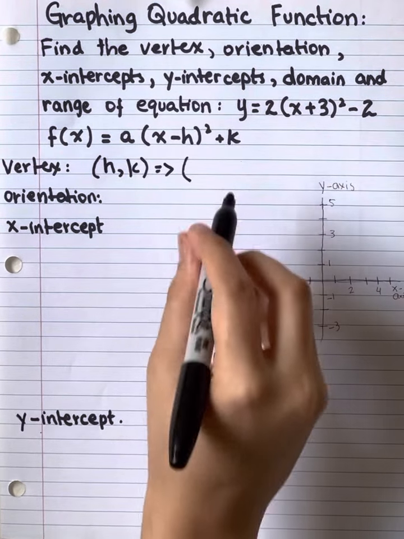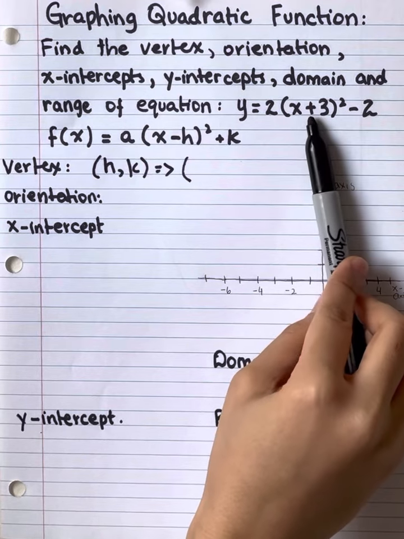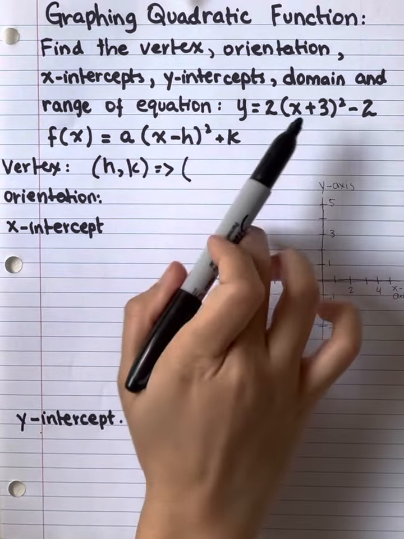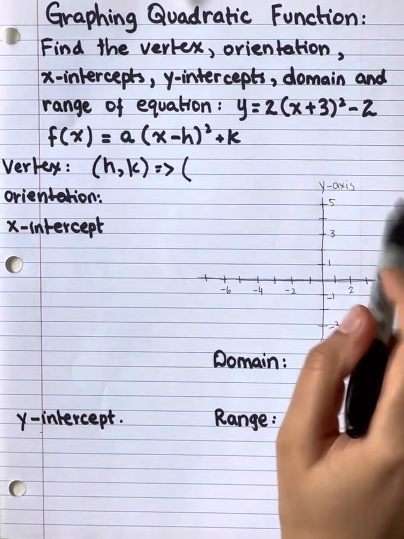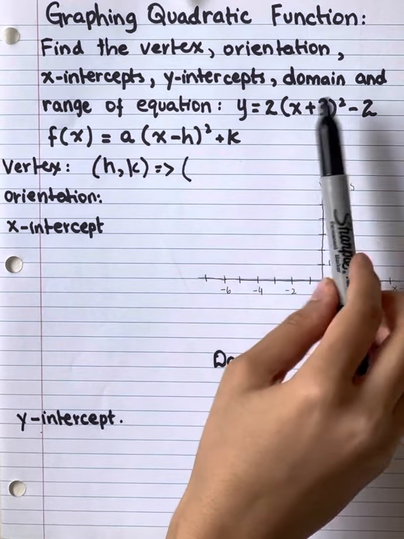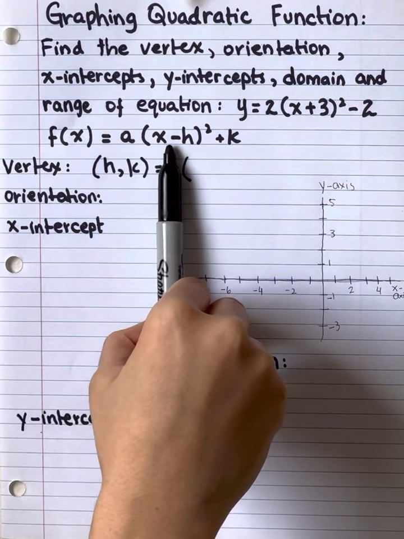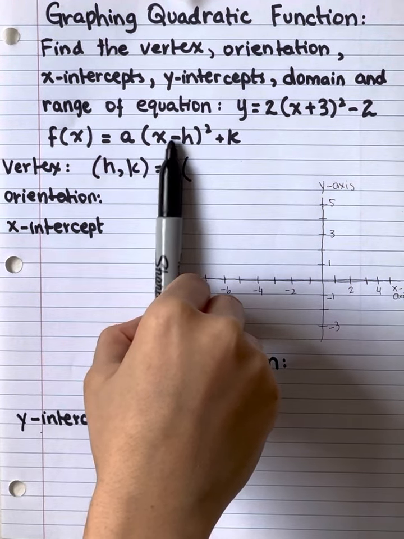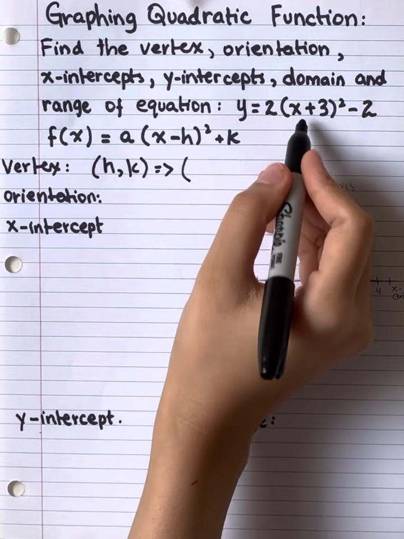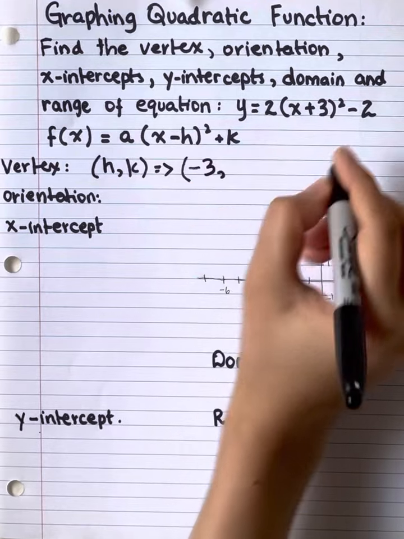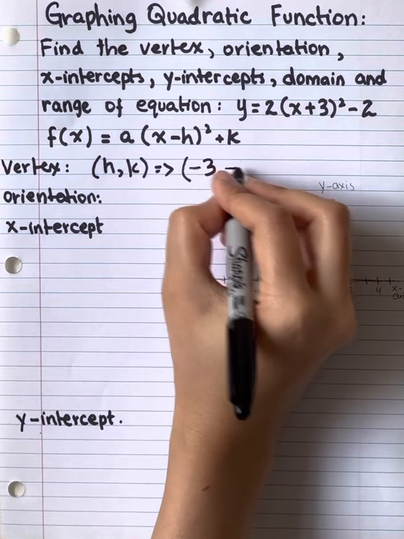Make sure that whatever sign you see for h, you flip that sign. If you see positive, you change it to negative. If you see negative, you change it to positive, because in our formula the sign of h is minus, so we always have to flip the sign. So the vertex is (-3, -2).